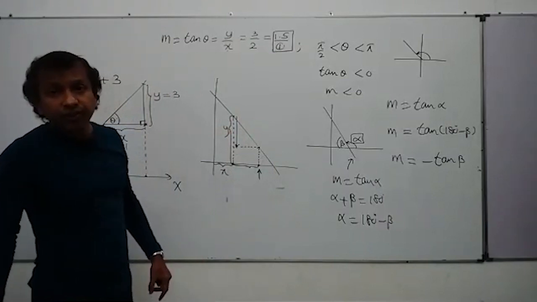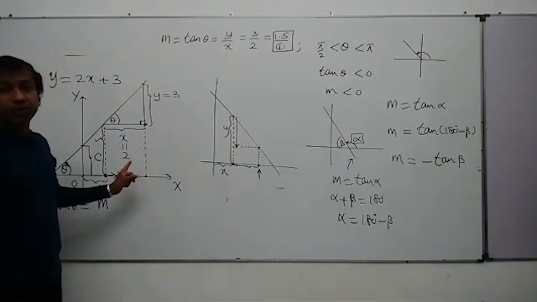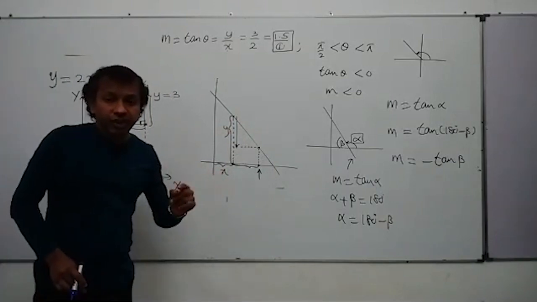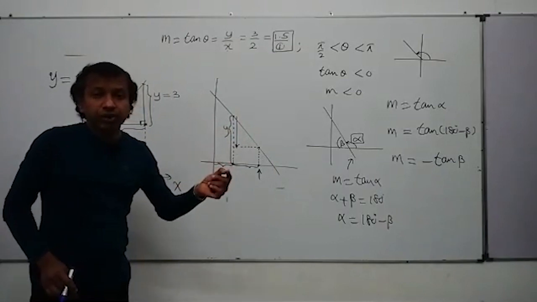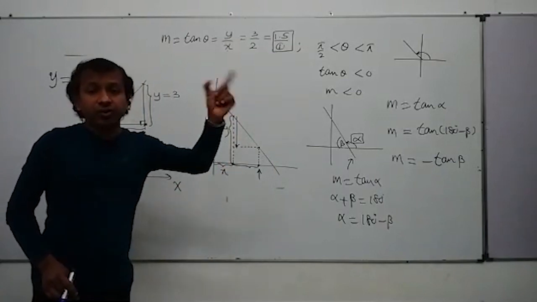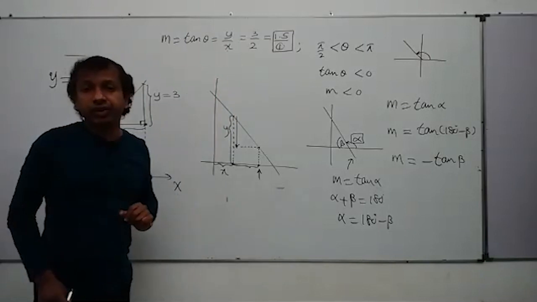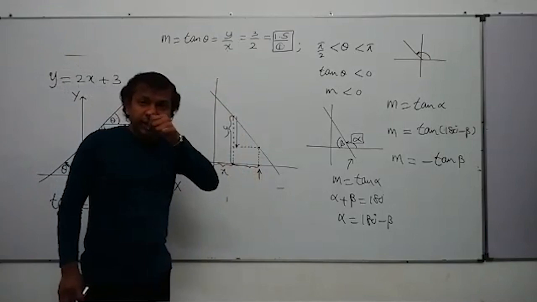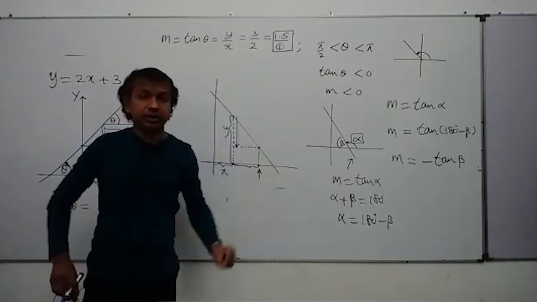Then you can see what a positive gradient means. Its meaning is as x increases by 1 unit, y increases by a particular value. That particular value is the rate. When the gradient is negative, you can see as x increases, y decreases.